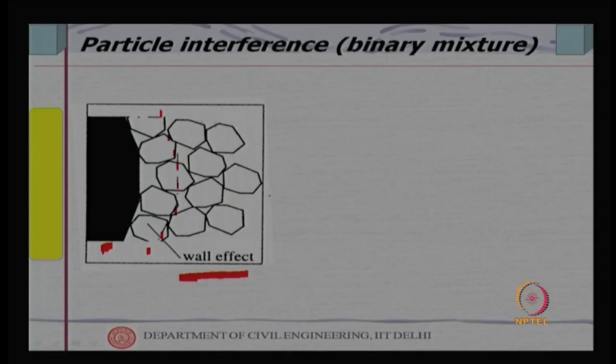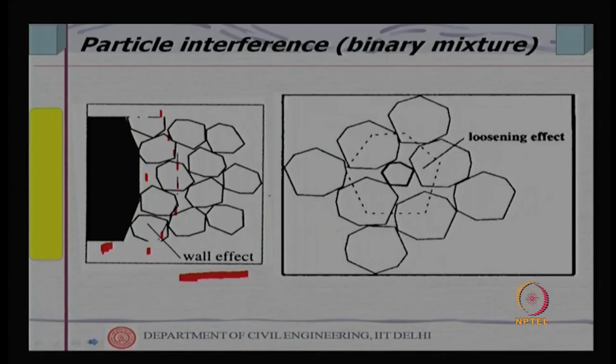So, you can see the packing of the finer particle here. We have not taken spherical, but we are showing some sort of regular particle. Packing of the fine particle itself is getting disturbed because of the presence of the coarse aggregate, the quartz particle. So, the quartz particle is causing a disturbance, this is called wall effect, and this particle inside will be pushing the particle out.